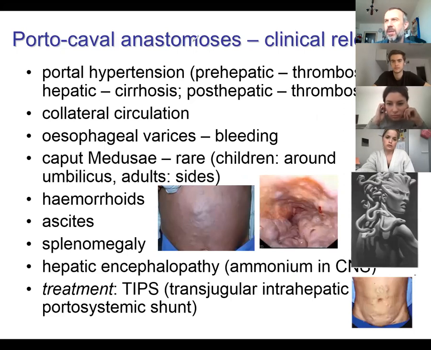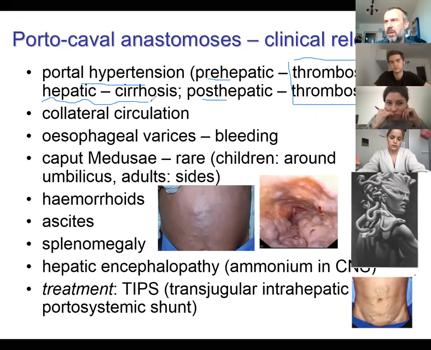So when we have portal hypertension, it can be prehepatic or posthepatic thrombosis, or hepatic cirrhosis. We have hypertension, and what happens is ascites, that we have too much fluid in front of the liver. The fluid starts to filtrate into the peritoneal cavity, and we can have up to 40 liters of fluid there.